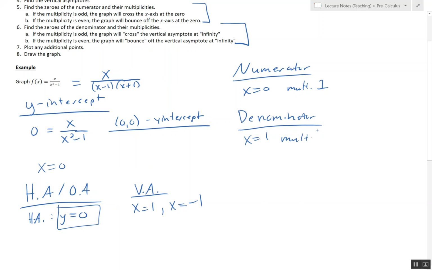So I'm just going to put mult for multiplicity. And x equals negative 1, which also has multiplicity 1. And then plot any additional points. We'll see if we need any additional points at that time. Usually with this method you don't need additional points, but occasionally it happens, and then we'll draw the graph.